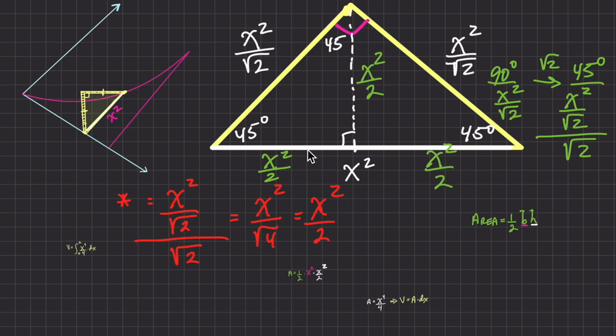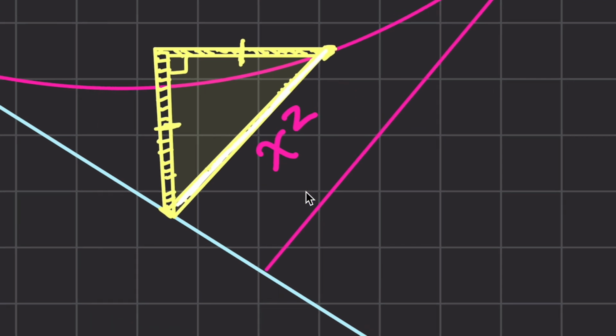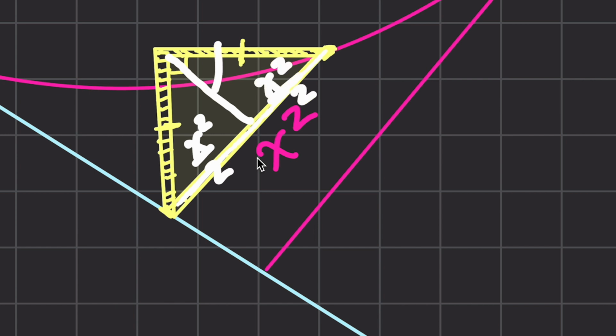So folks, the summary of this is that when you have an isosceles right triangle and you end up dropping a perpendicular down here, all three of these are going to be 1/2 the base. So this is going to be 1/2 the base, x squared over 2. This is going to be 1/2 the base, x squared over 2.